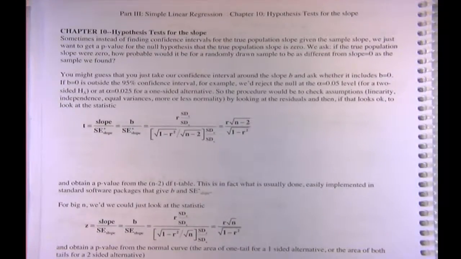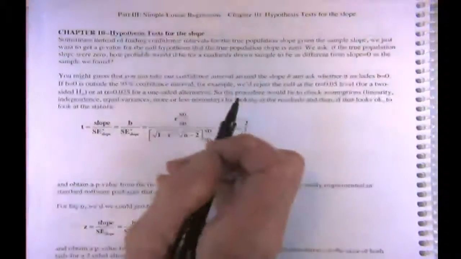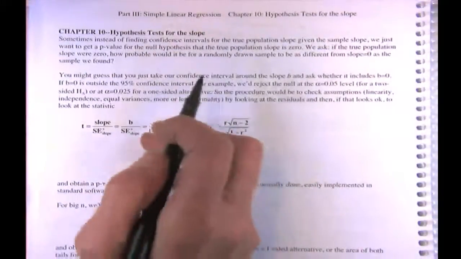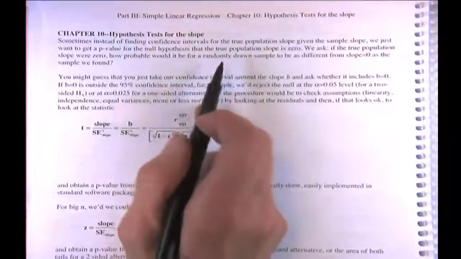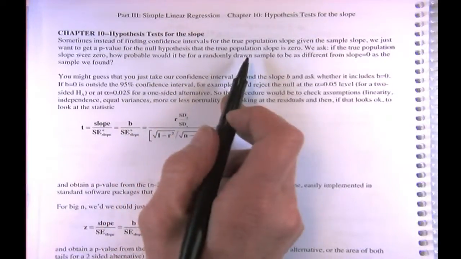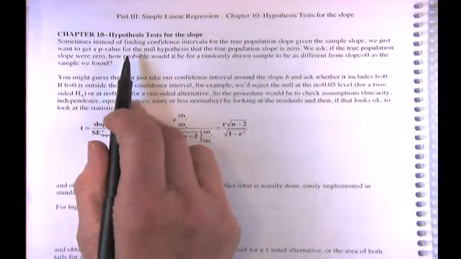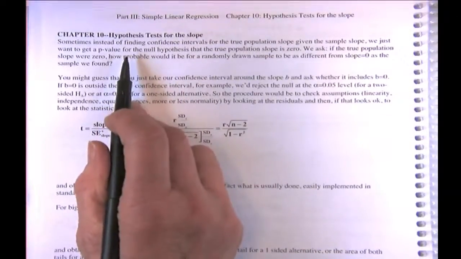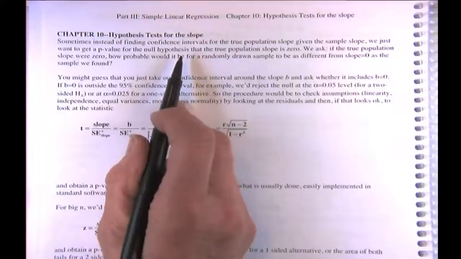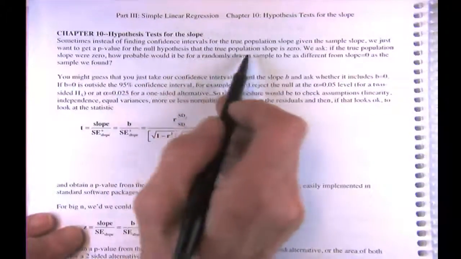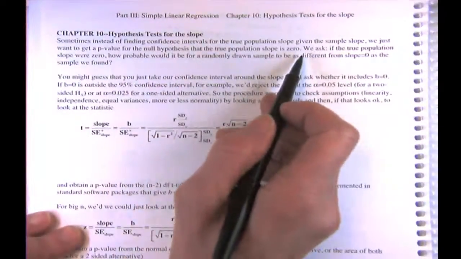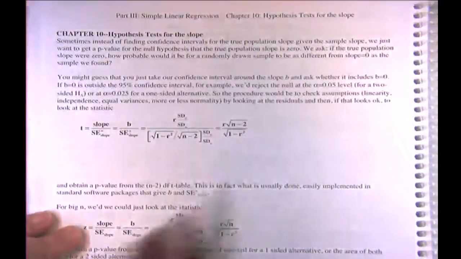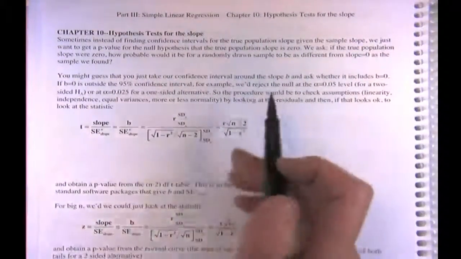All right, so sometimes instead of finding confidence intervals, like we've just been doing, we want to get a p-value for the null hypothesis that the true population slope is 0. We just want to make a decision, and that's called doing a hypothesis test.